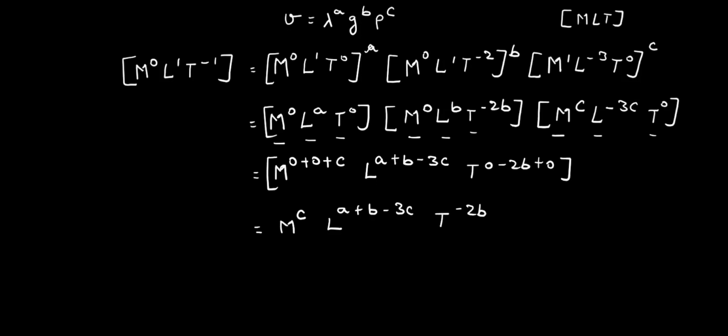Sorry, I think, yeah, it's minus 2B. It's right. This is the RHS, and we have the LHS, M power 0, L power 1 and T power minus 1.